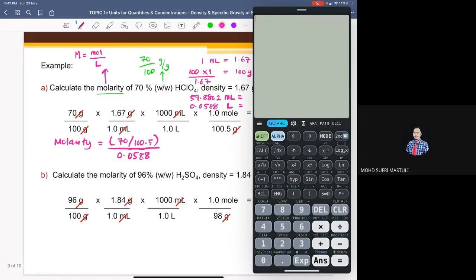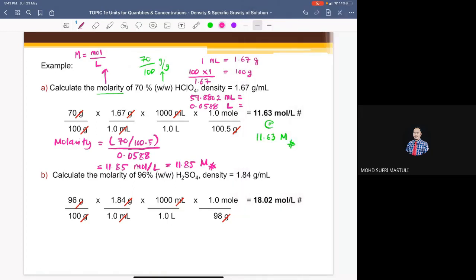When you calculate using your calculator, 70 over 100.5, and then over 0.0588, you will obtain 11.85 mole per liter, or 11.85 molar.